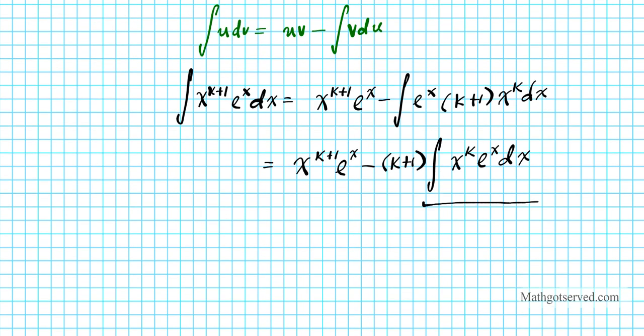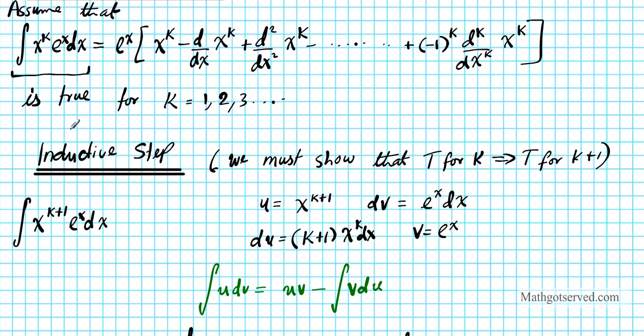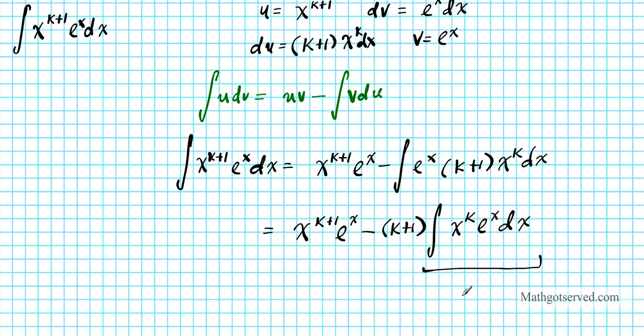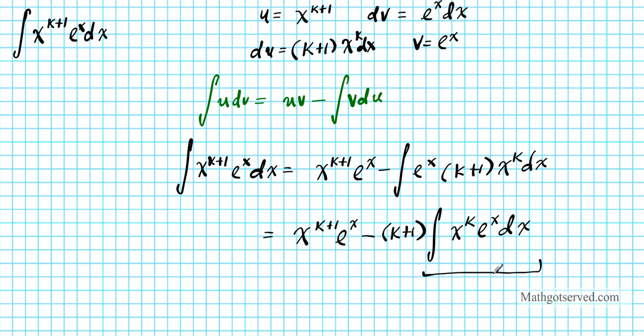The antiderivative of x to the k e to the x dx, that's what I have here. So based on my assumption, I know that this expression is equal to this whole thing right here. So I can substitute this entire expression for this integral right here.